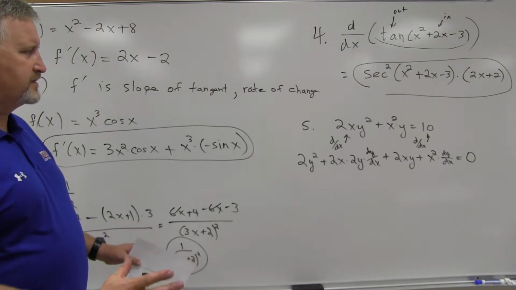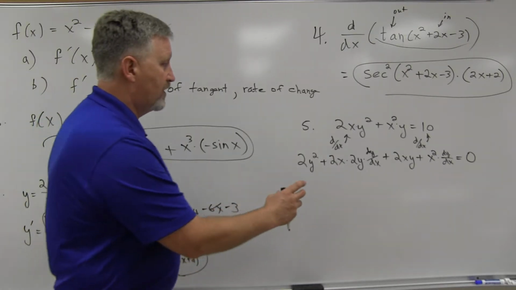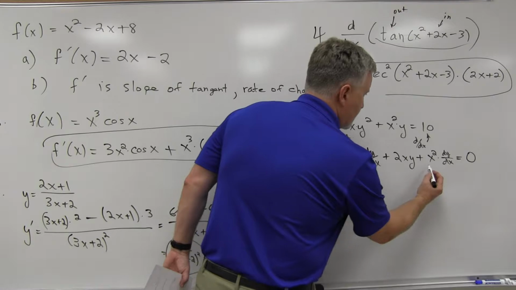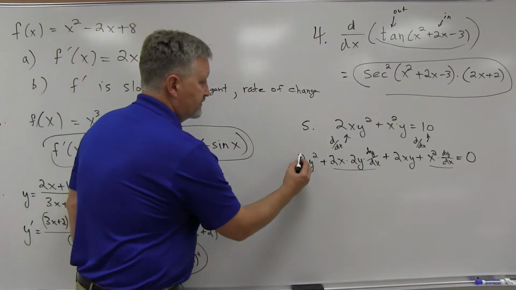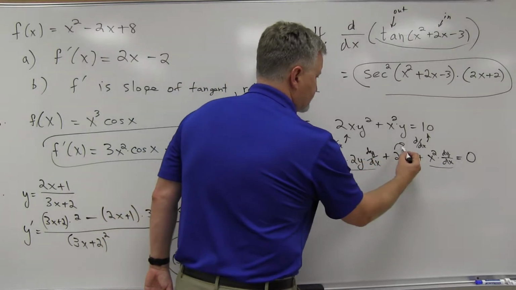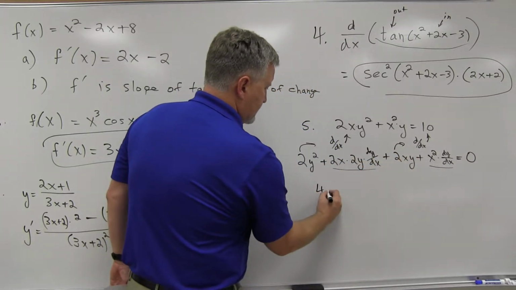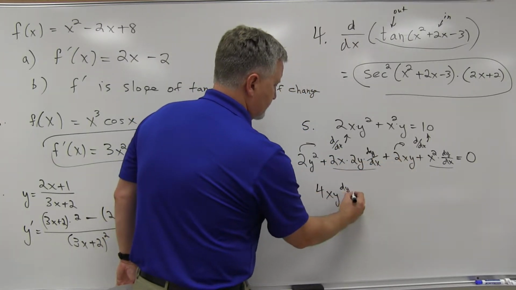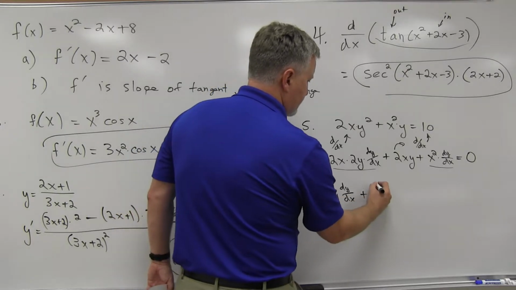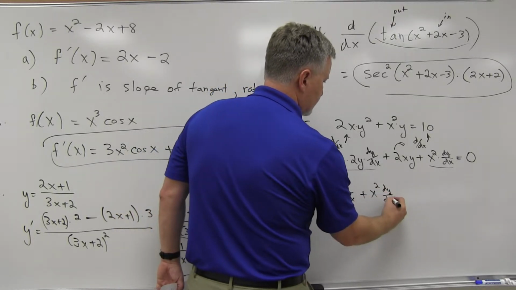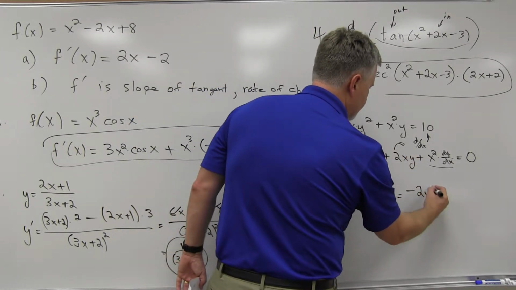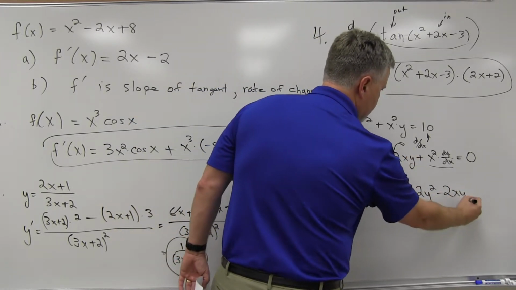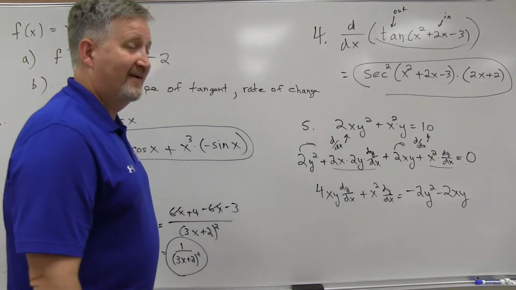Of course, you combine things, but we're trying to find dy over dx. Well, I've got these dy over dx terms, so I need those other terms to go to the other side, don't I? So this will be 4xy dy over dx plus x squared dy over dx. And then those go over by subtraction, so minus 2y squared minus 2xy. Then what?